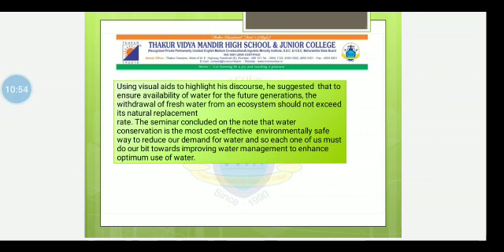Using visual aids to highlight his discourse, his talk or his presentation, he suggested that to ensure availability of water for the future generations, the withdrawal of fresh water from an ecosystem should not exceed its natural replacement rate. That means we should try to replace the amount of water that we use so that we do not run short of water.